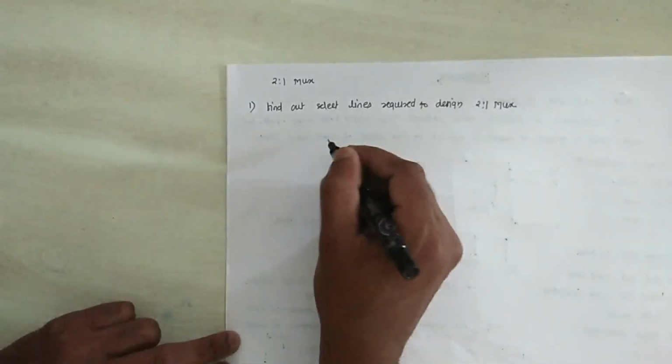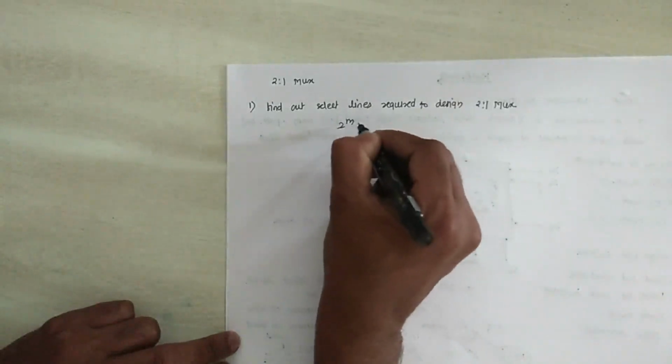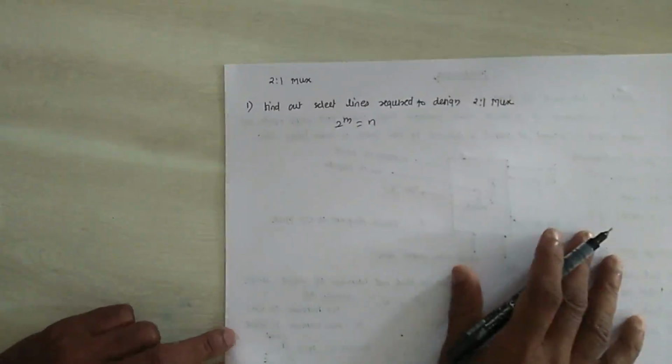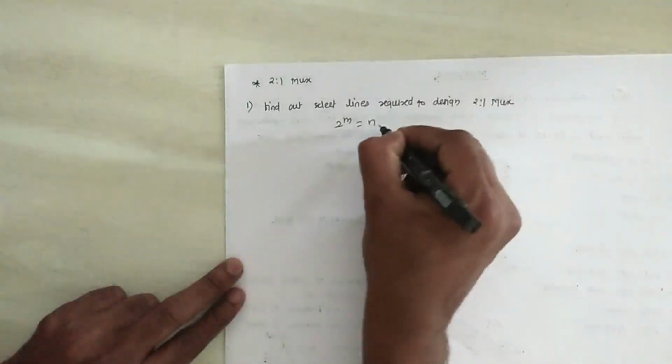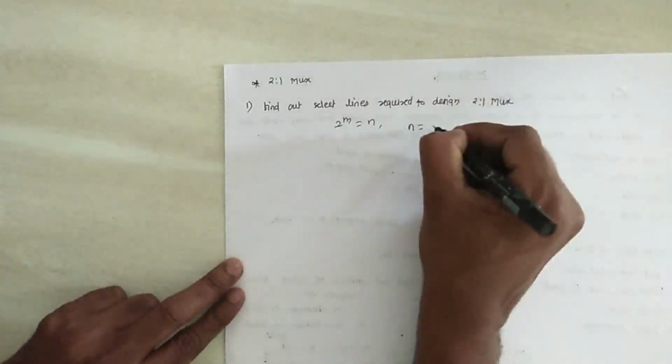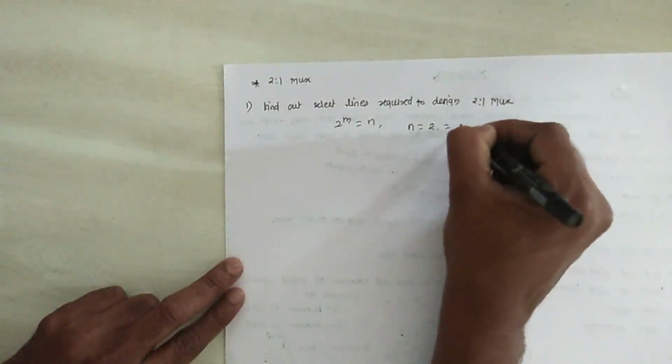This can be found by using the formula 2 raised to m is equal to n. Here n is 2, the number of inputs.